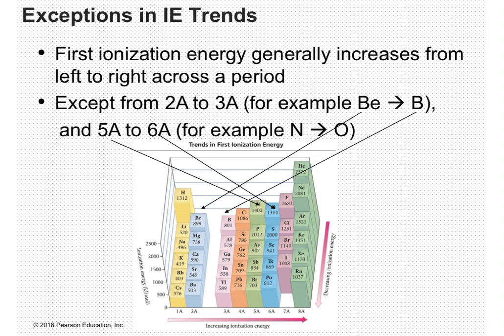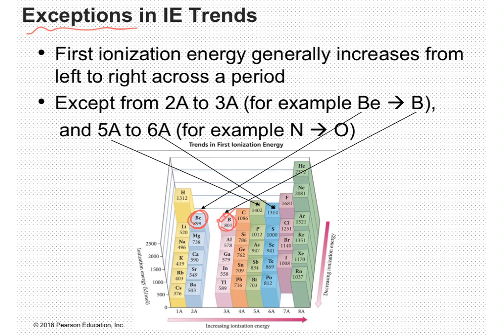All right, so I'm going to go ahead and try to explain these exceptions to the trends. Why is it easier to remove an electron from boron than it is from beryllium? Okay, boron has another proton. They should be held more tightly. But there's something magical about boron that's making it easier to remove an electron.